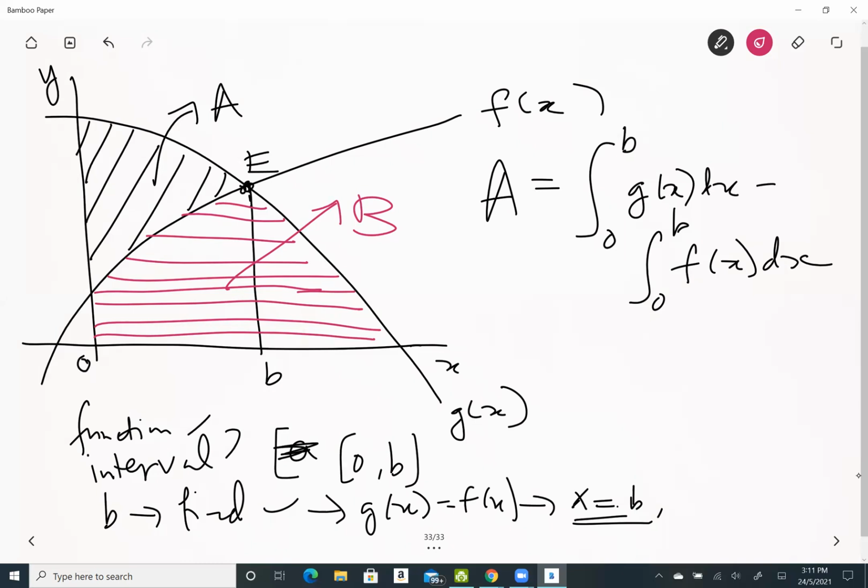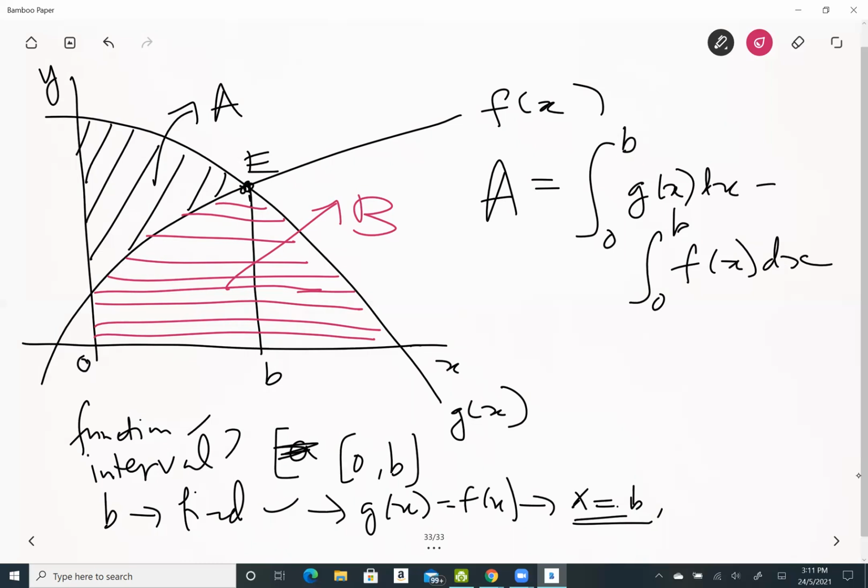You have to identify the functions, identify the interval. In order for you to do that, those are the things that we need. There is no more than that. That is exactly the two things that we need.